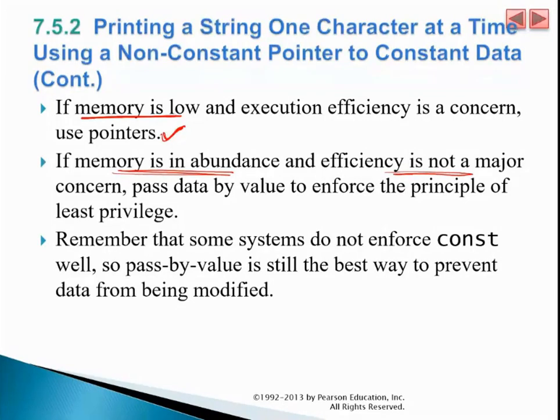Just pass the data by value to enforce the principle of least privilege. And in this, the called function cannot modify the original value. Okay, but if you want to use both of these, then you can use the constant keyword accordingly. So depending upon the situation, you can either use constant or not use constant.